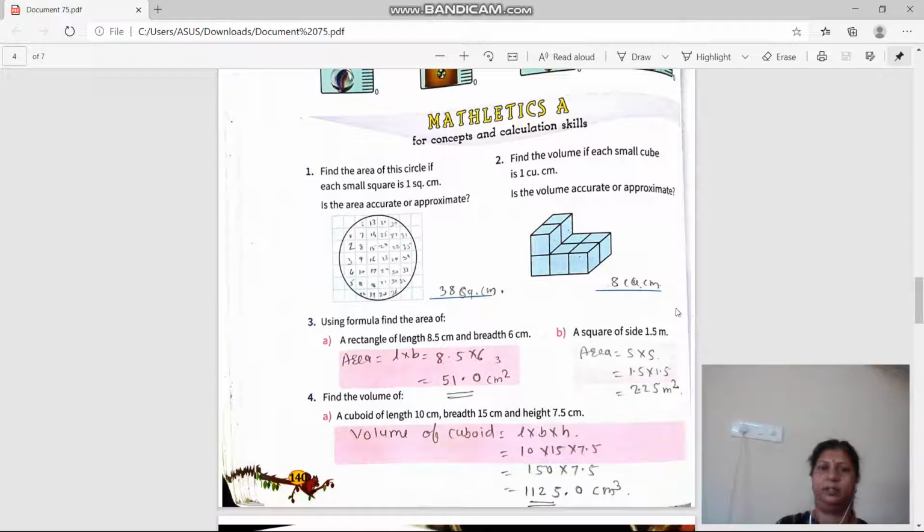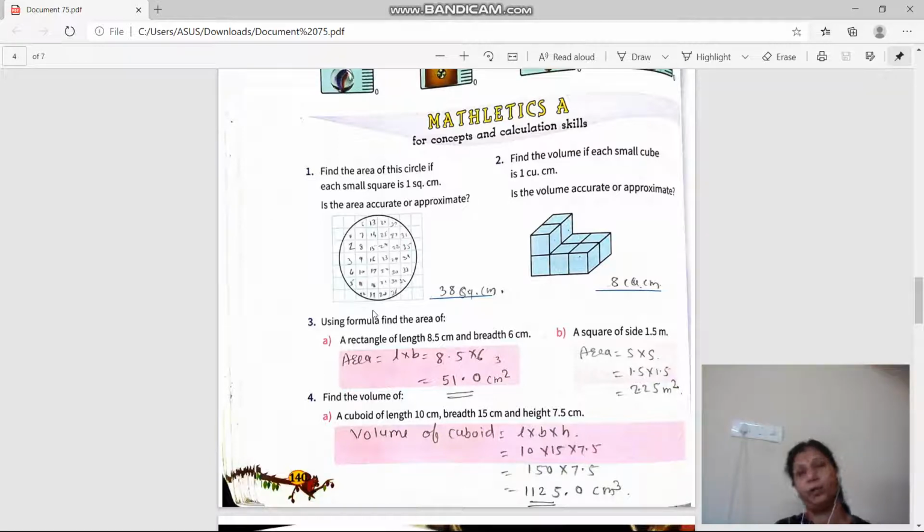Now next, mathematics A. So in mathematics A, first question, find the area of the circle if each small square is 1 centimeter square. Is the area accurate or approximate? So it is approximate, because we are counting more than half square as 1, because is it accurately 1?